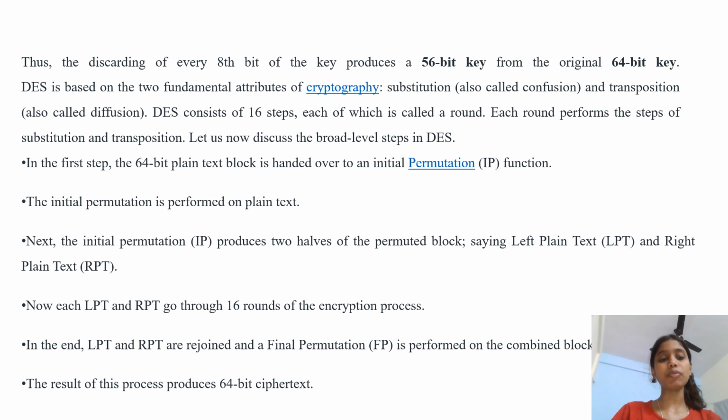Now, each of the LPT and RPT goes through 16 rounds of the encryption process. In the end, the left plain text and right plain text are rejoined and a final permutation is performed on the combined block. This process produces the 64-bit ciphertext.